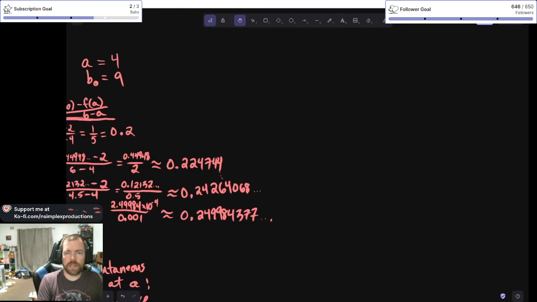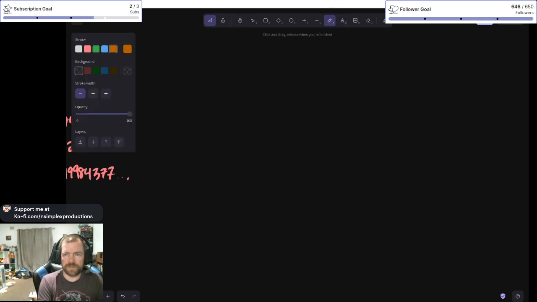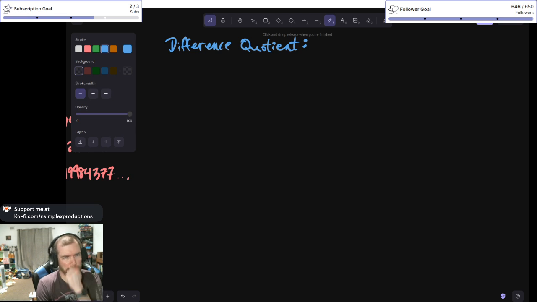So I often actually do this with my pre-calc students. There's even a section on it where we find something called the difference quotient. We say that our function f of x is going to be equal to like x squared minus 2x plus 1.